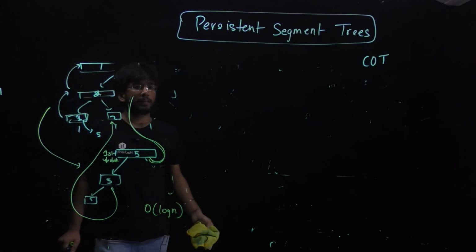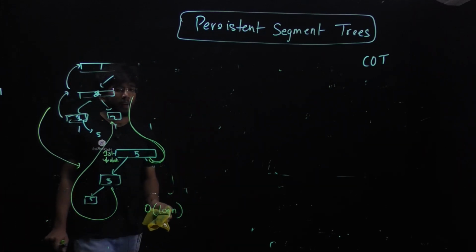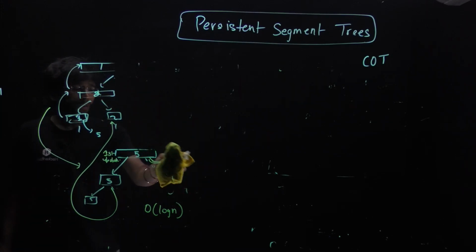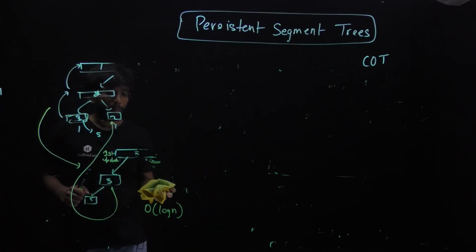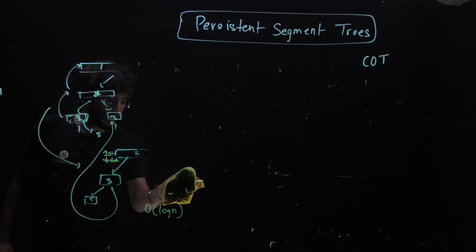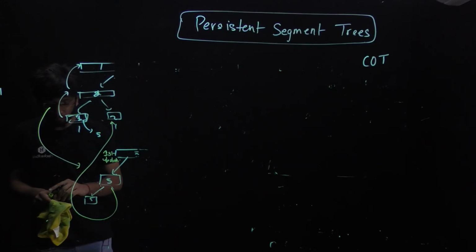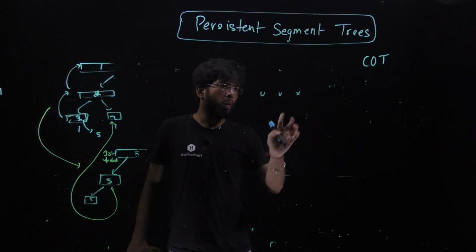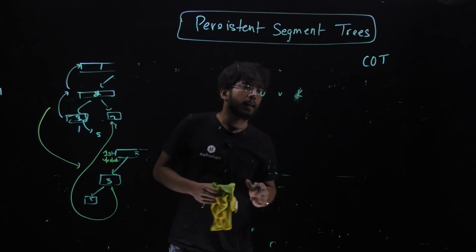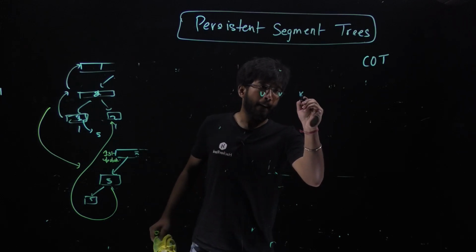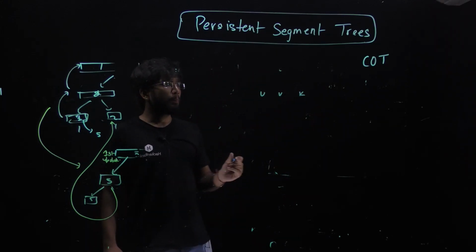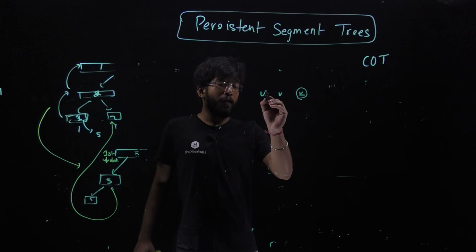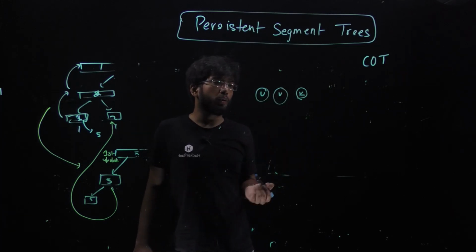So what you need to do is print the kth integer weight when you are traveling from one node to another node. Basically the query would be in this form: u, v and x, or basically k. We need to print the kth element in the sorted order when running from node u to node v.